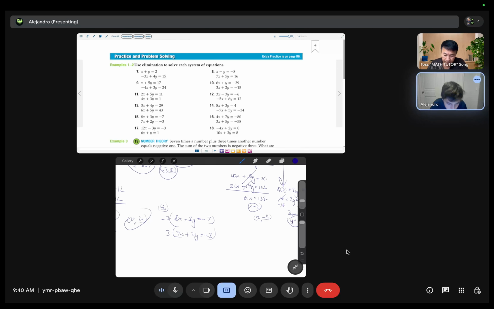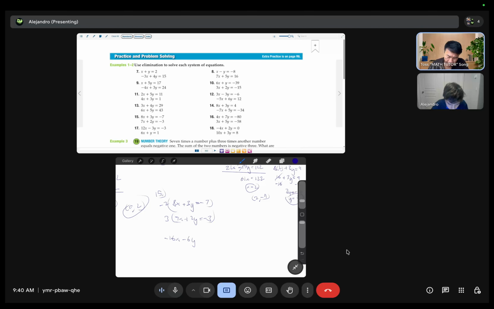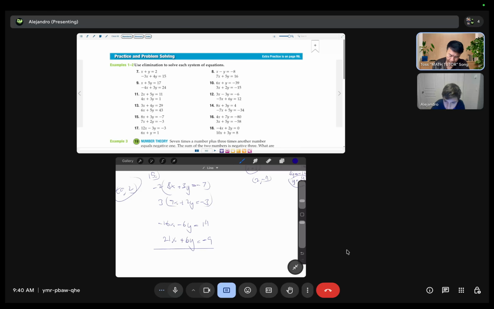Okay, let's see what we got here. Negative 16x minus 6y was 14, positive 14. And you get a 21x plus 6y equals negative 9. Okay, so the y terms cancel, and you're left with 5x. And this one is, what is that, just 5? So x equals 1.